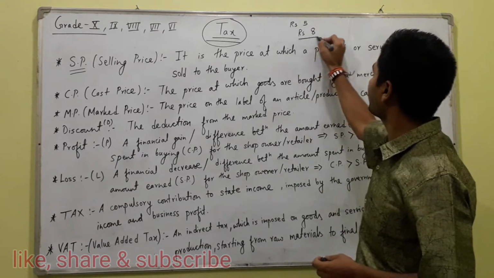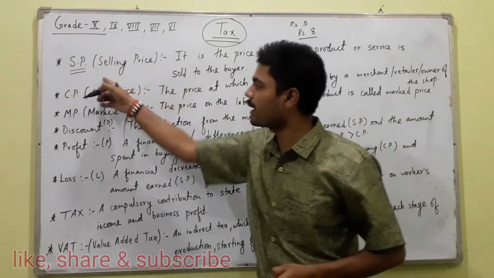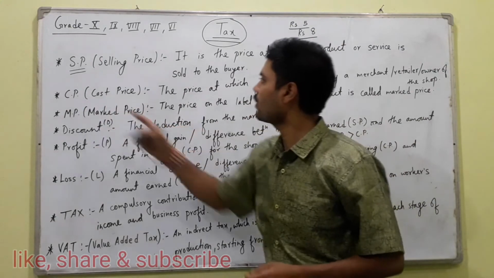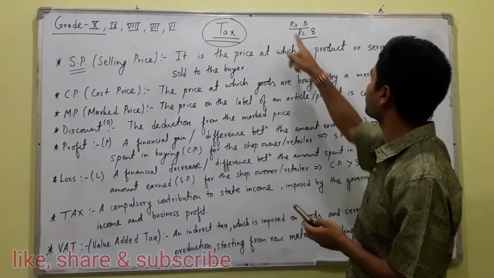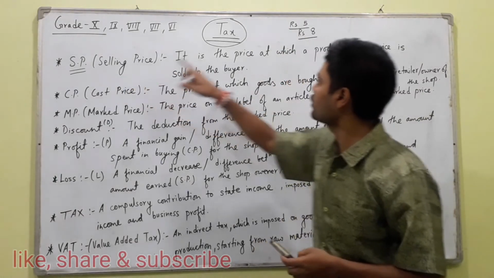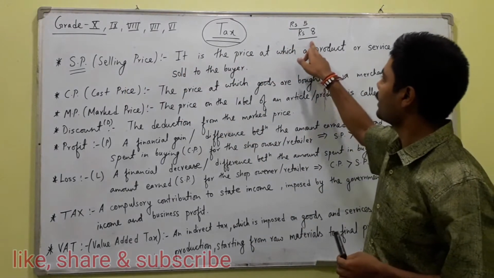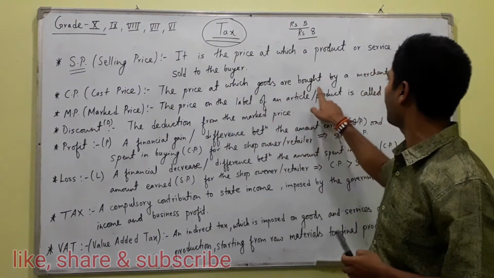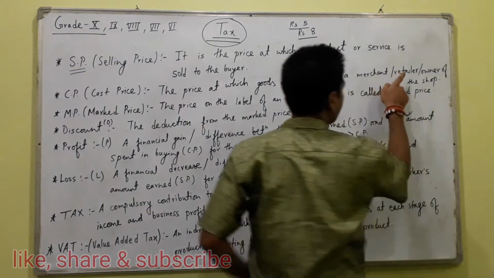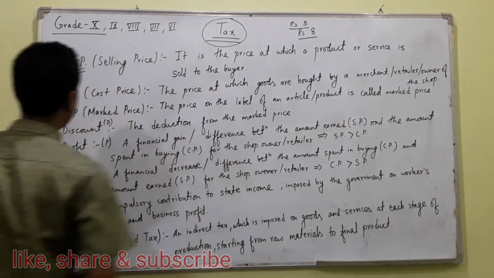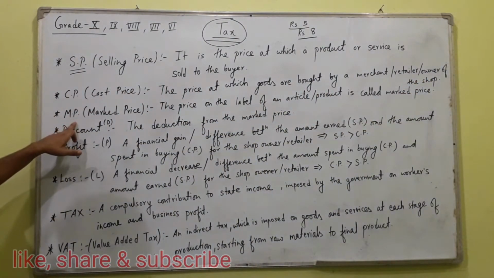Then rupees 8 is called the selling price and rupees 5 is called the cost price, because the shop owner has bought the pencil at rupees 5 and sold it to us at rupees 8. So the cost price is the price at which goods are bought by a merchant, retailer or owner of the shop. After that, the next topic is mark price.